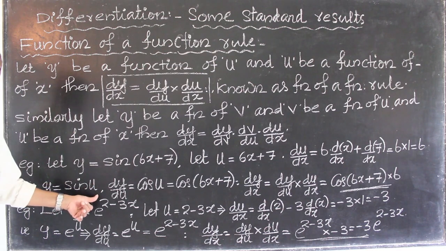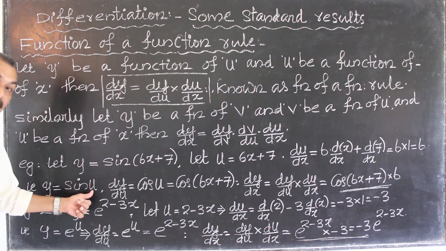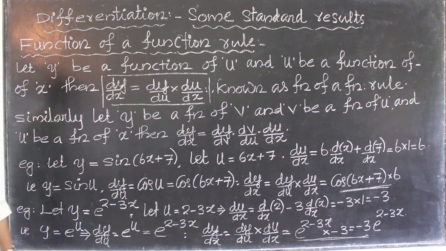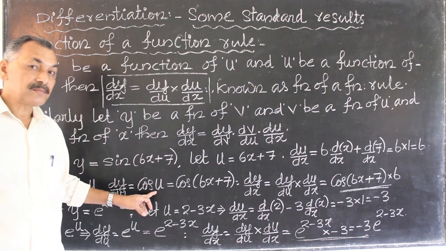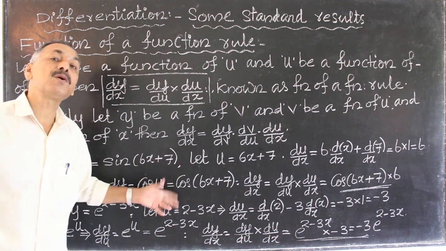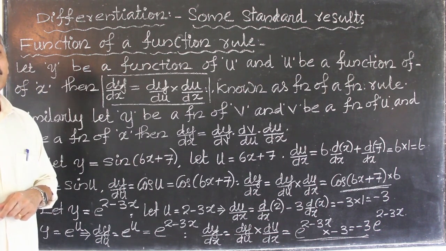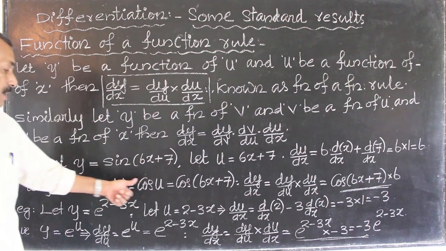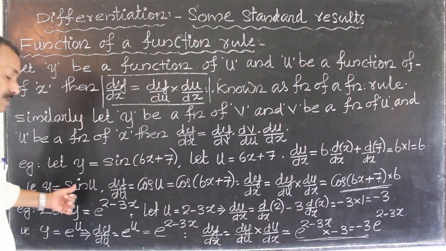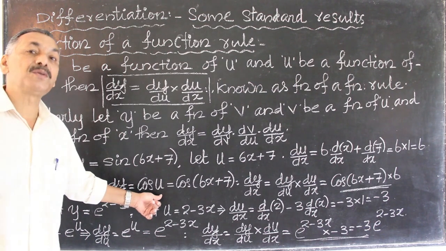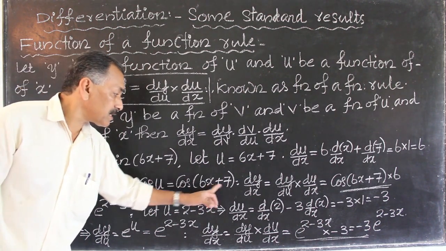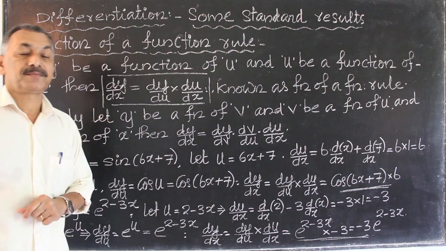Now dy by du is the derivative of sine u. The derivative of sin x is cos x, so the derivative of sin u with respect to u is cos u. That is cos of 6x plus 7.